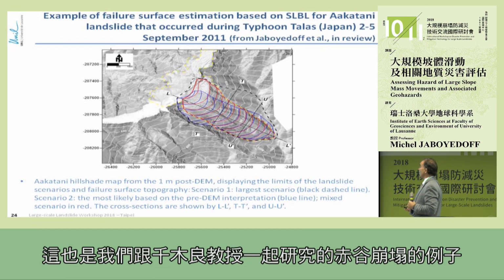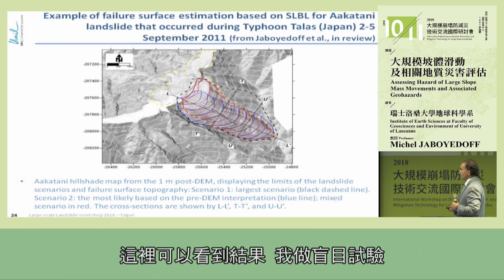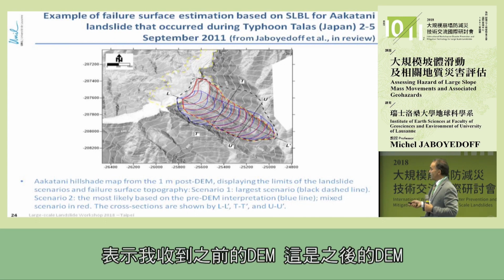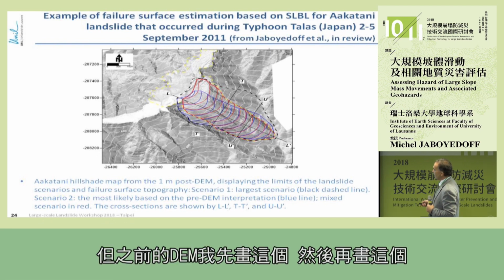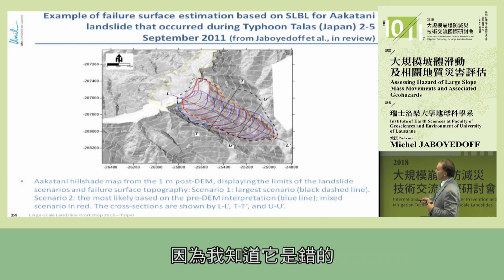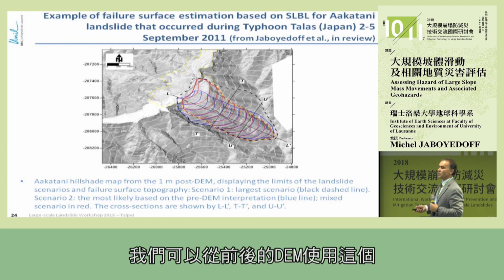We worked with Professor Chigira, and here you see the result. I did the test blinded. It means that I received the DEM before, here's the DEM after, but the DEM before, and I drew this first, and then I drew this one, because I knew that it was wrong, and then this is the one that you can deduce from the DEM before and after.